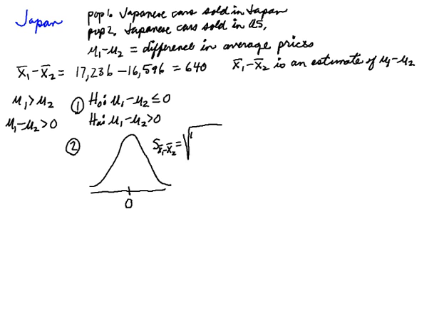And this would be 1974.09 squared over 50 plus the standard deviation from the population 2 sample, 1981.44, and I'm going to square that, and that will be over 50.